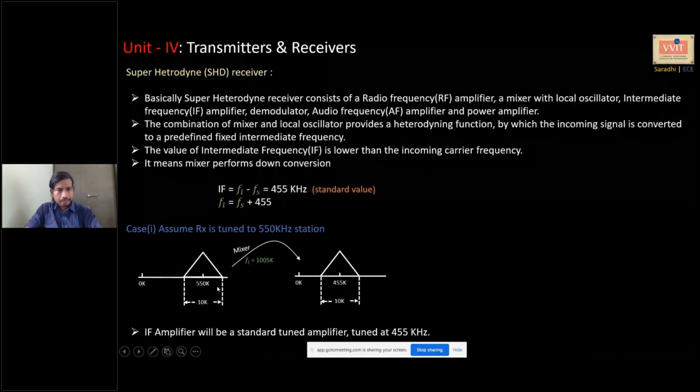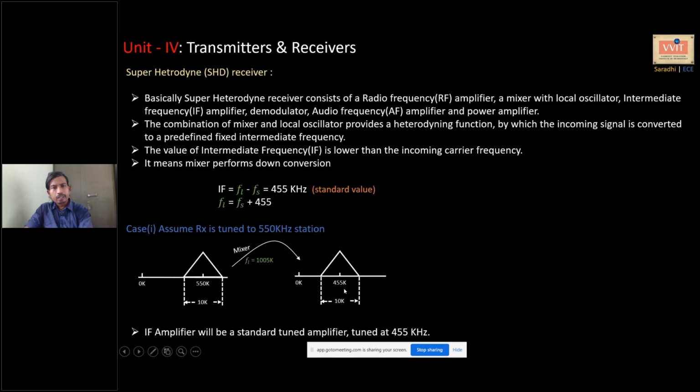So the channel to which the receiver is tuned is 550 kilohertz, and accordingly the local oscillator frequency is chosen 455 kilohertz offset from this 550, which is equal to 1005. Here FL is greater than FR or FS, so that the spectrum at the output of the mixer is centered at 455 kilohertz.